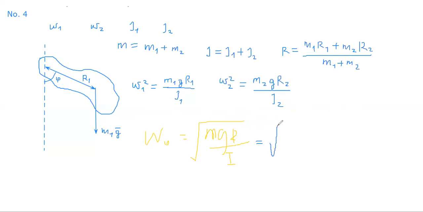It will be square root of (m1 r1 plus m2 r2) multiplied by g, divided by I1 plus I2.